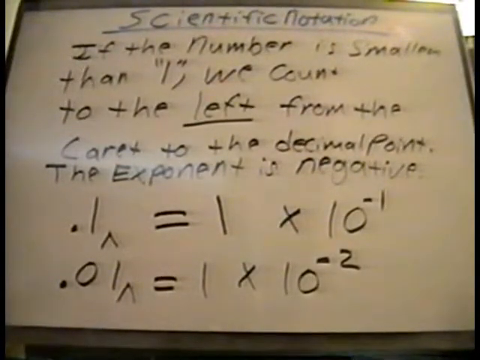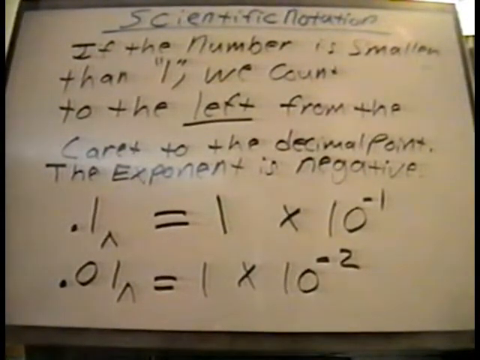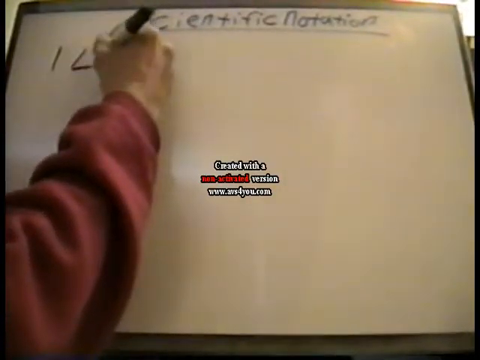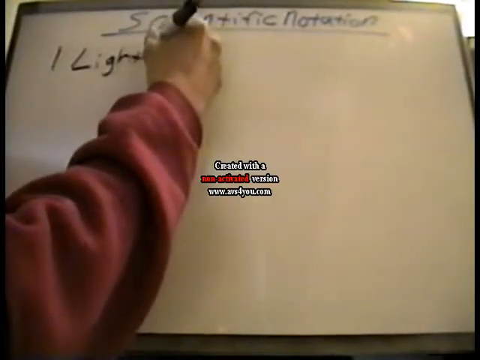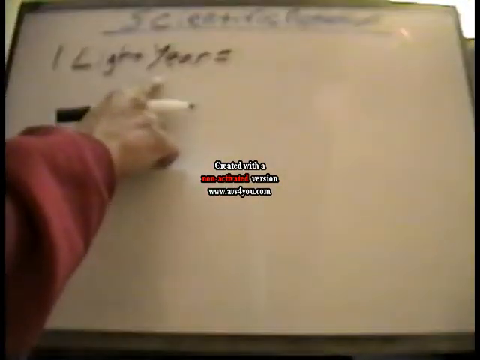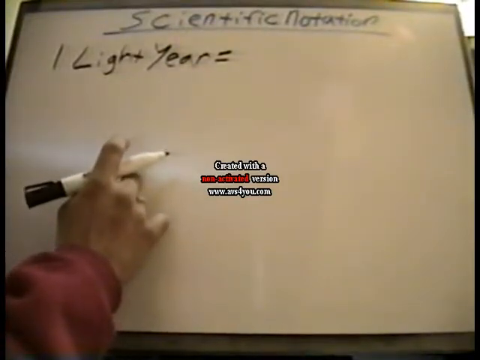For example, let's say we want to convert 1 light year. One light year is a measurement of distance. It is not a measurement of time. 1 light year is a distance: the distance light travels in 1 year.